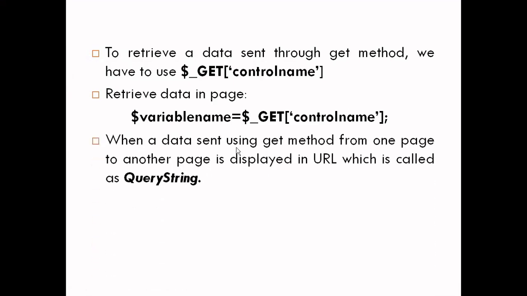When data is sent using get method from one page to another page, it is displayed in a URL, which is called a query string. So whenever we are using get method between two pages, that data is available in a URL, and we can call that URL a query string.